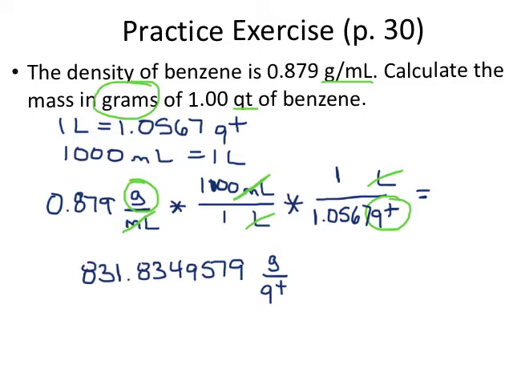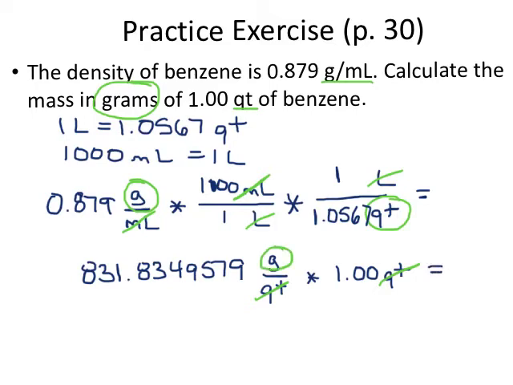In order to finish the problem, I don't want to know the density in grams per quart. I actually want to know the mass, so how many grams are in a quart of benzene. So all I need to do now is figure out how to cancel out quarts. Well, I know that I have 1.00 quarts that will cancel my volume units, leaving me with a mass unit.